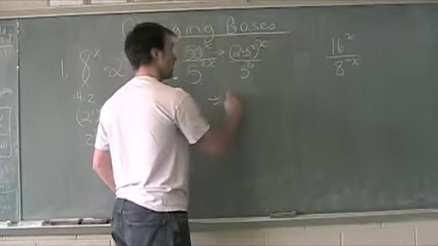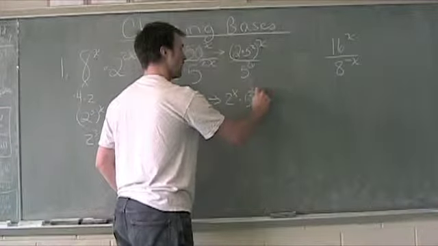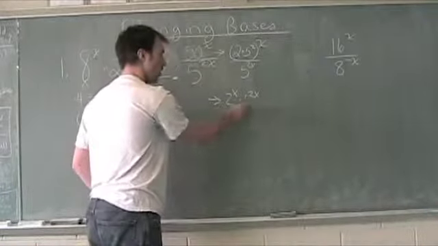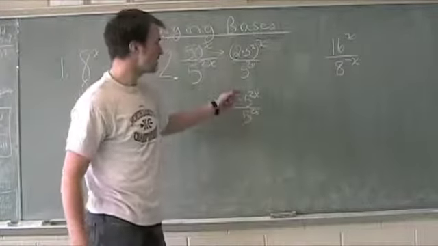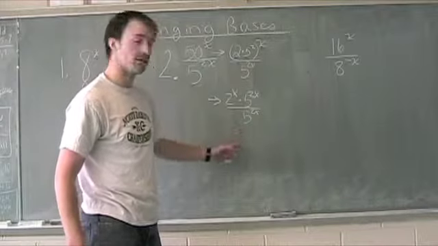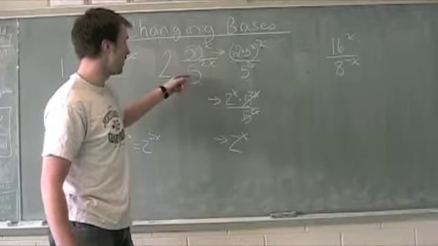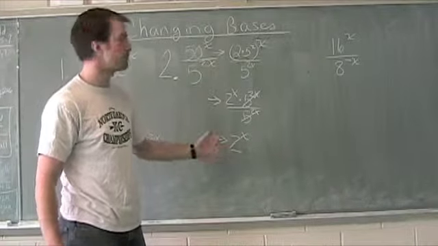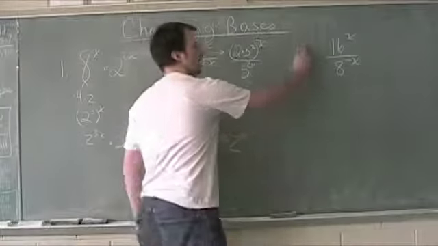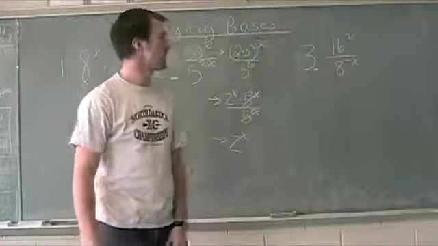So what we find is 2 times 5 squared, all to the x, divided by 5 to the 2x. As you can see here, we've got 5 to the 2x in the numerator and in the denominator, so 50 to the x divided by 5 to the 2x is simply 2 to the x power. Let's move on and try this last piece here.